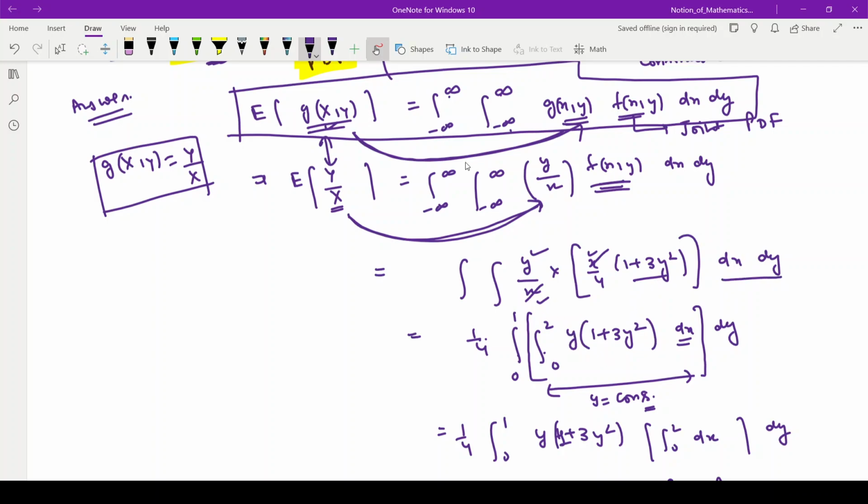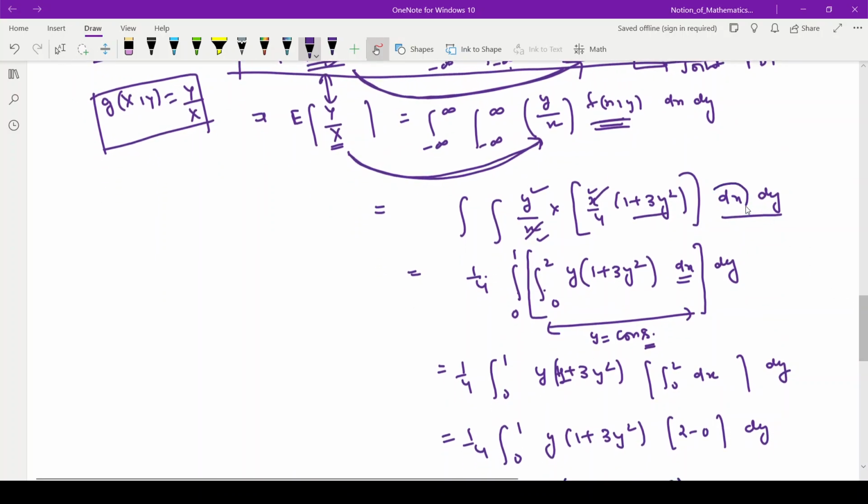Now here the inner limit is for x, so I am going to solve for this variable x first. Inside the bracket I have set the preference here. The limit of x is given in the question from 0 to 2 and the limit of y is from 0 to 1. So I have set the limit of x here 0 to 2 and thereafter the limit of y from 0 to 1.